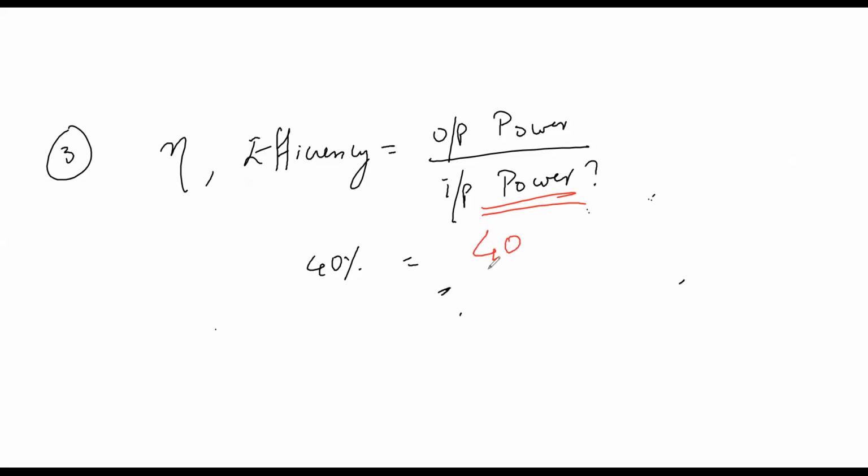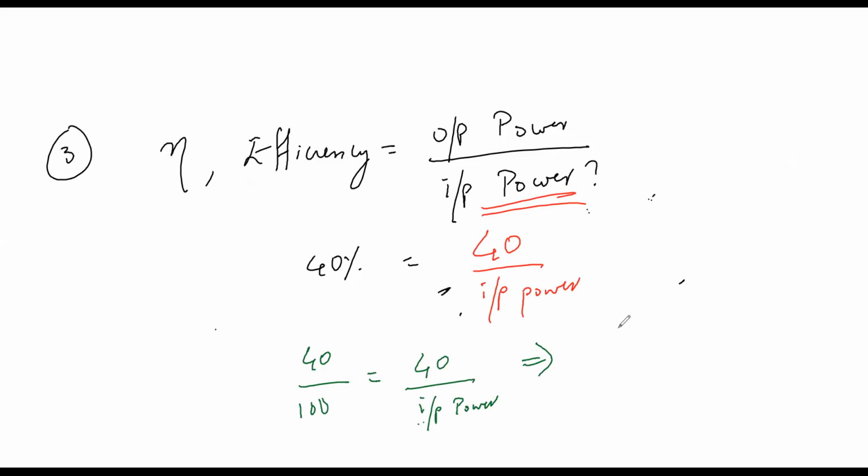Correct. So 40 by input power. So 40% is nothing but what? 0.4. 40 by 100, that I'm just writing it as 0.4. Is equal to 40 by input power. This implies 0.4 is equal to 40 by input power.